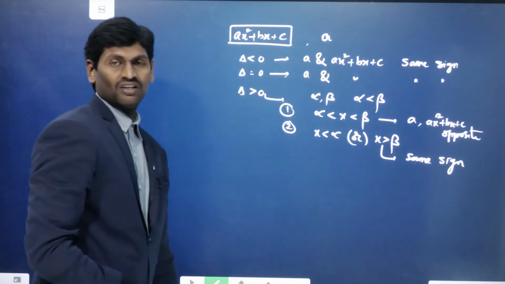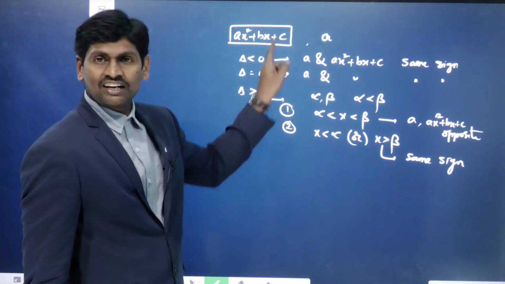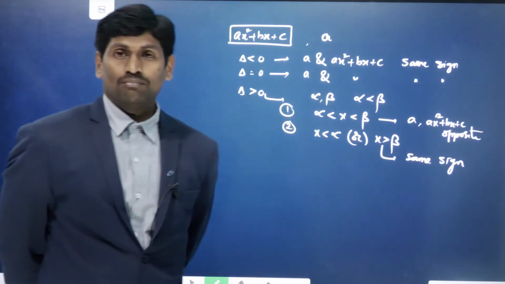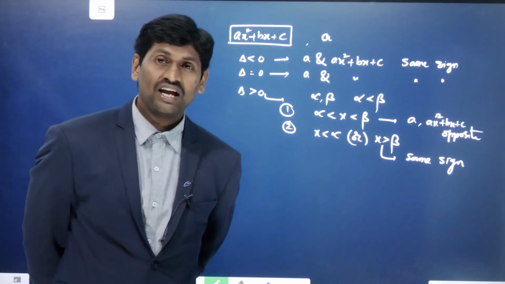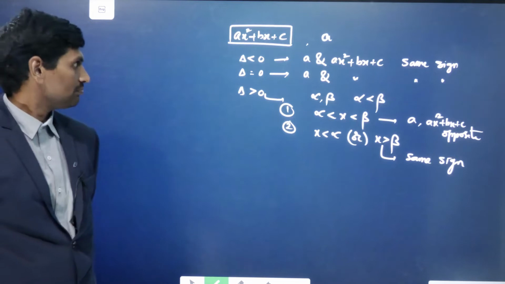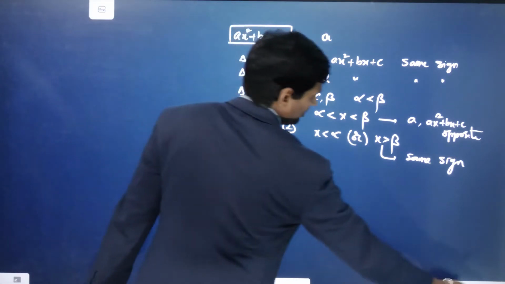So except the delta greater than 0 first condition, the remaining 3 follow the same rule: a and the entire expression have the same sign. Clear children? Yes. So let us check some problems based on this.